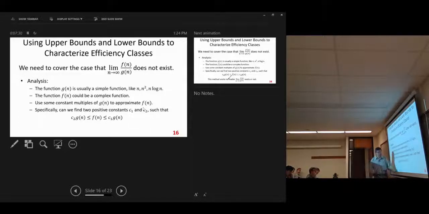Here you can see, we do not require that the limit exists or not. Even if the limit does not exist, we can get a lower bound function and an upper bound function. So this method works no matter whether the limit exists or not.